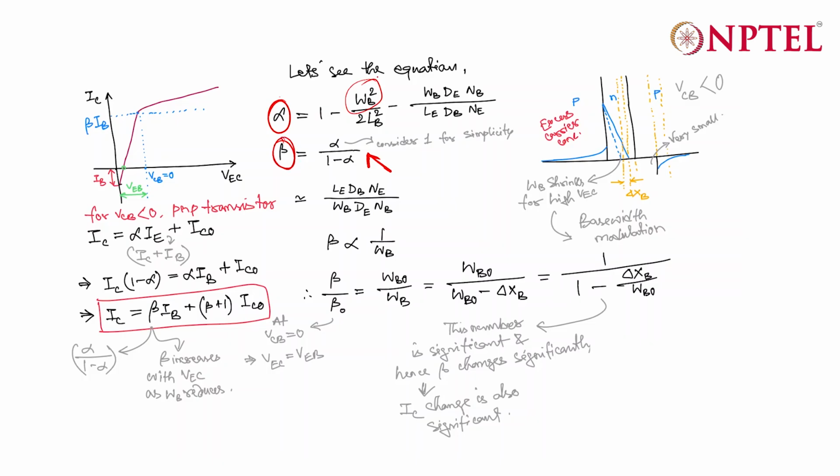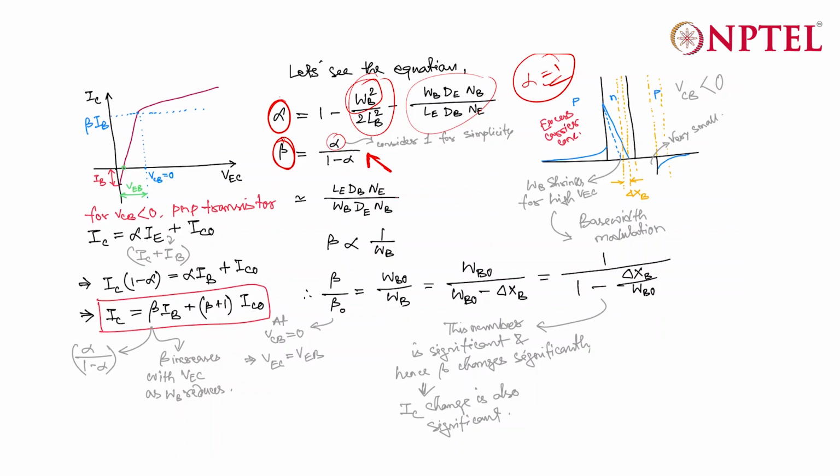Now, in a modern transistor, this particular term is much smaller than this term, and we can consider alpha to be equal to 1, in this case for the numerator, to make the entire discussion simpler.